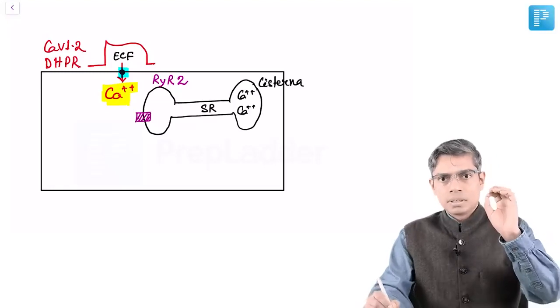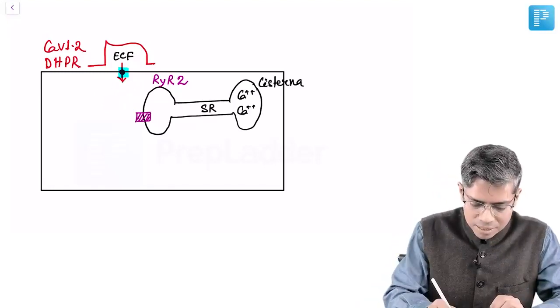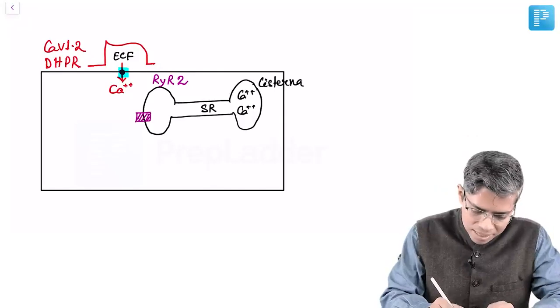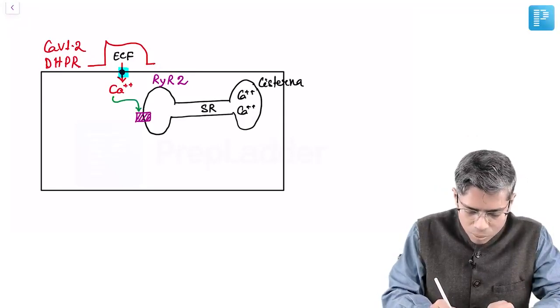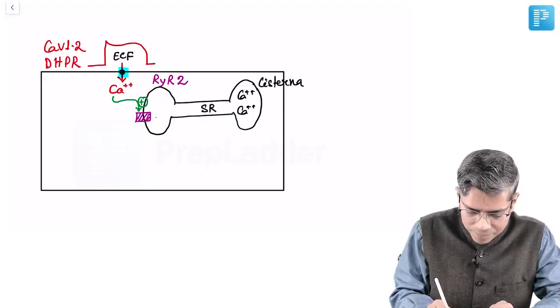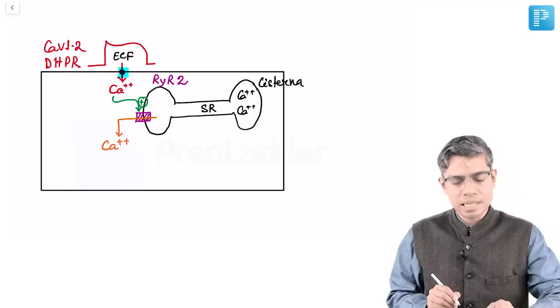So now you look at the mechanism. Whenever there is an action potential, the extracellular calcium is entering in the myocardium cell. This extracellular calcium is going to stimulate the RYR channel. Whenever the RYR channel is stimulated, further calcium is coming out to the cytoplasm from sarcoplasmic reticulum.